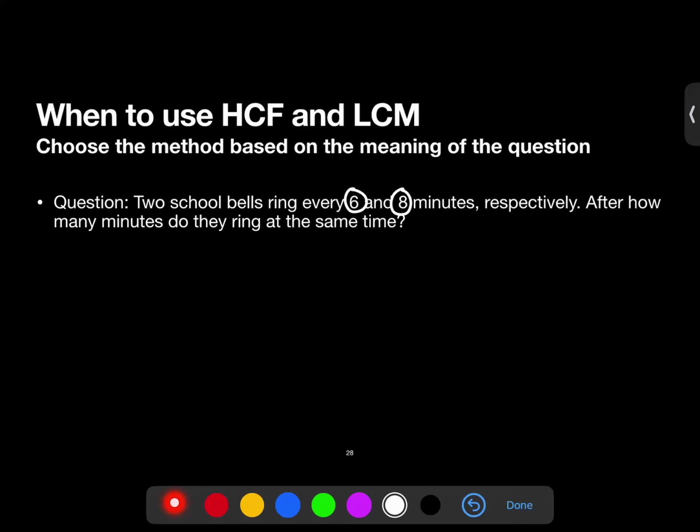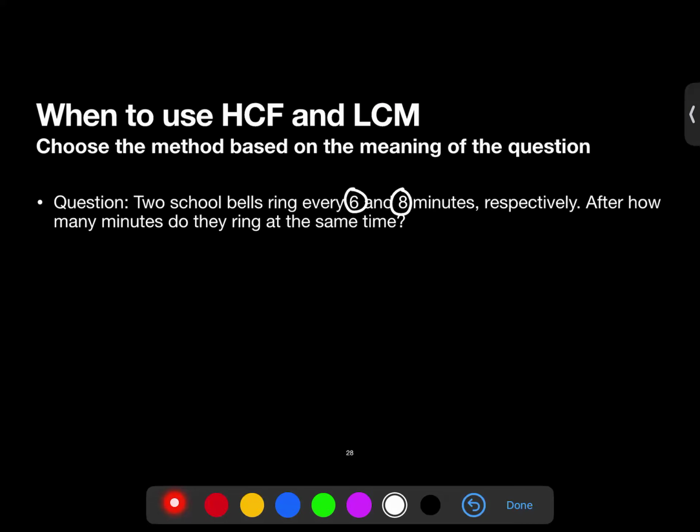So if we go back to this definition, the event is ringing and we need two bells to ring at the same time. So that's why we need to find the least common multiple of the two bells to see when they will ring at the same time.